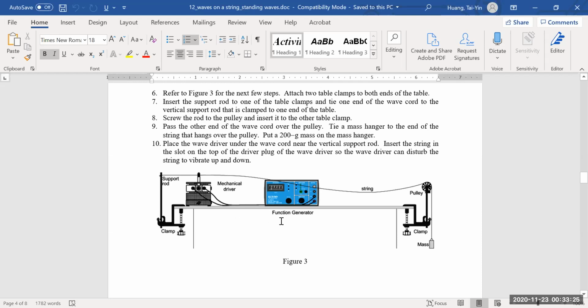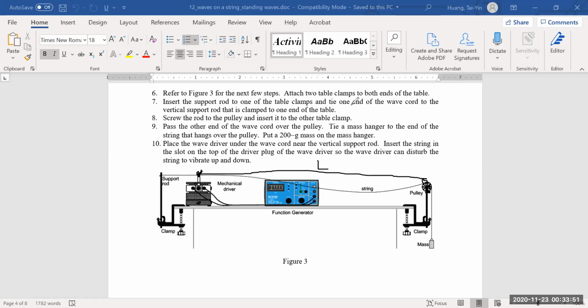You're going to fine tune the frequency to find the frequencies at which the oscillation is maximum. The length of oscillation of the string is considered from this point to this point. This is your L here, capital L.